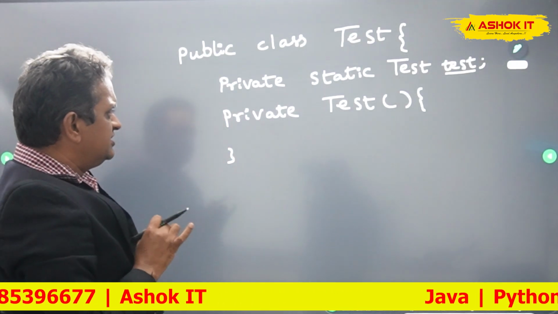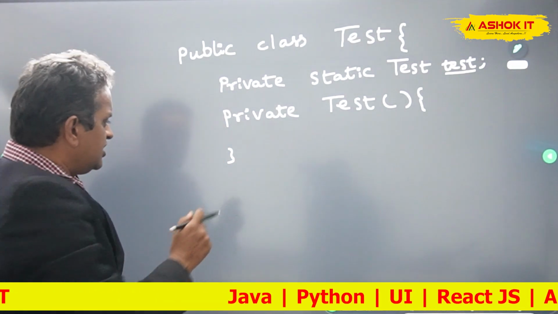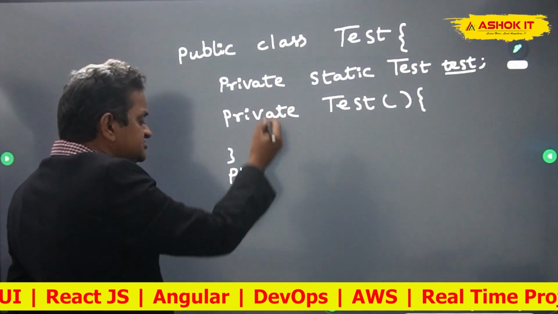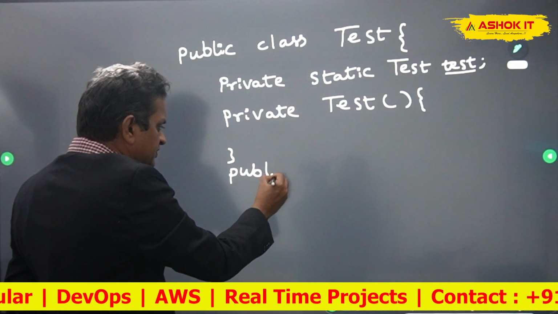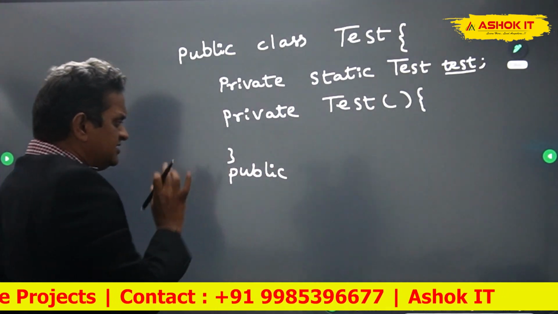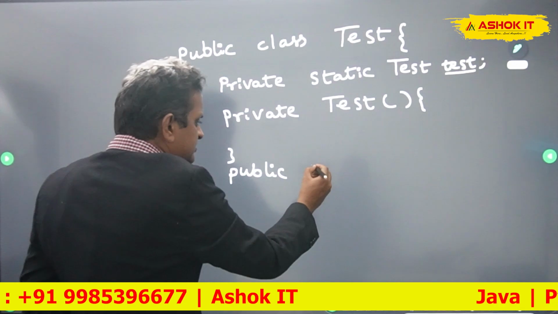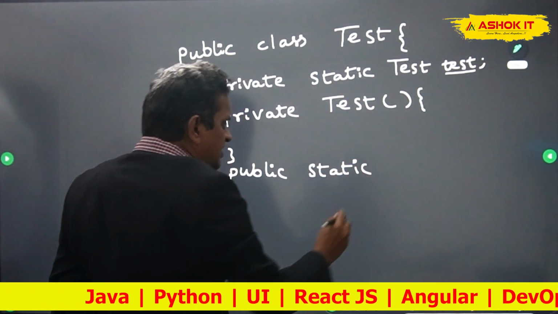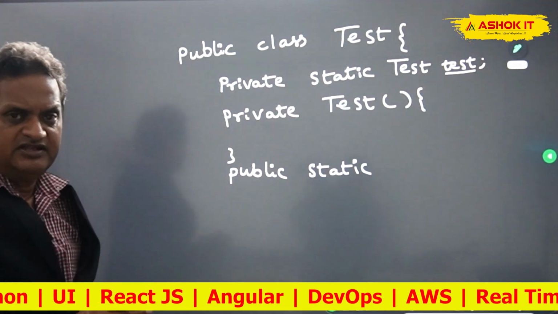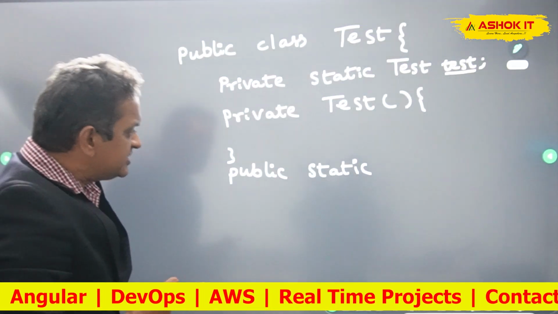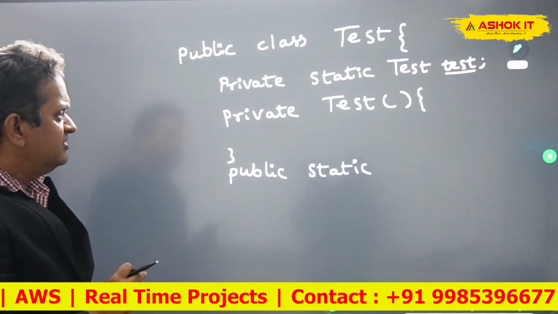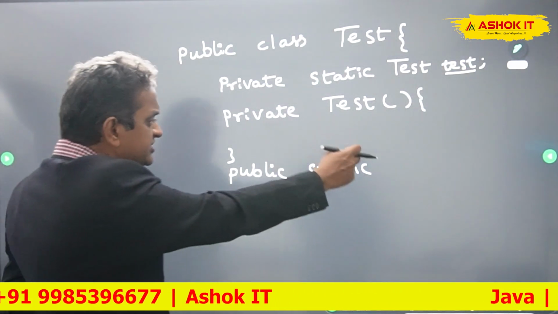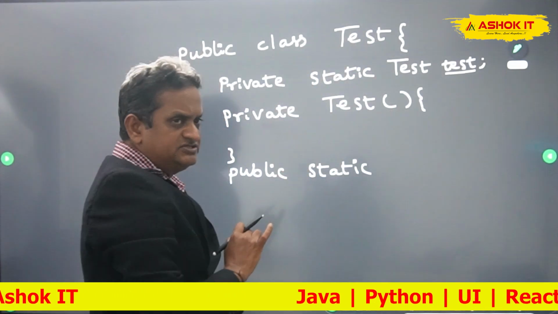And one more thing is we have to write a public method. Globally that instance should be accessible now. So public static method. I am implementing the factory method here. A factory method always returns the reference of the object of the class.